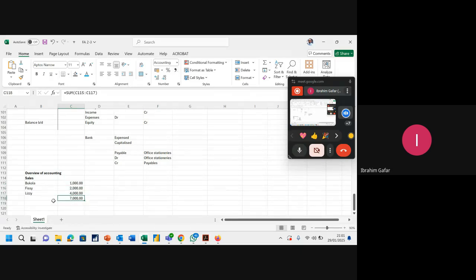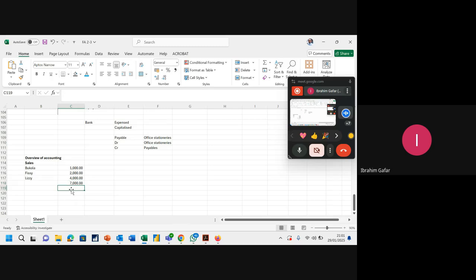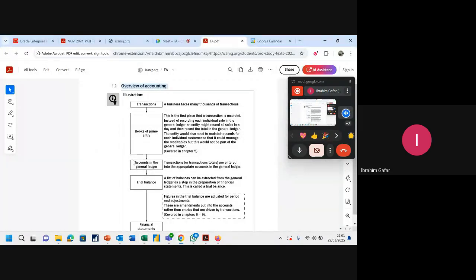So at the end of the day, let's say today closes, they will now take this money and debit the bank and credit their sales for that day. So that's the book of prime entry. It's the first place that transaction is recorded. Instead of recording each individual sale in the general ledger, an entity might record all sales in a day, then record the total sales.